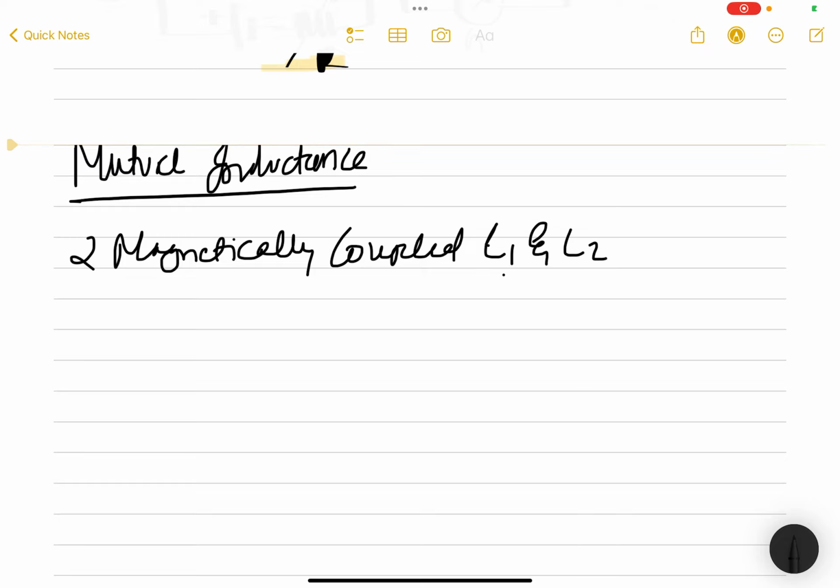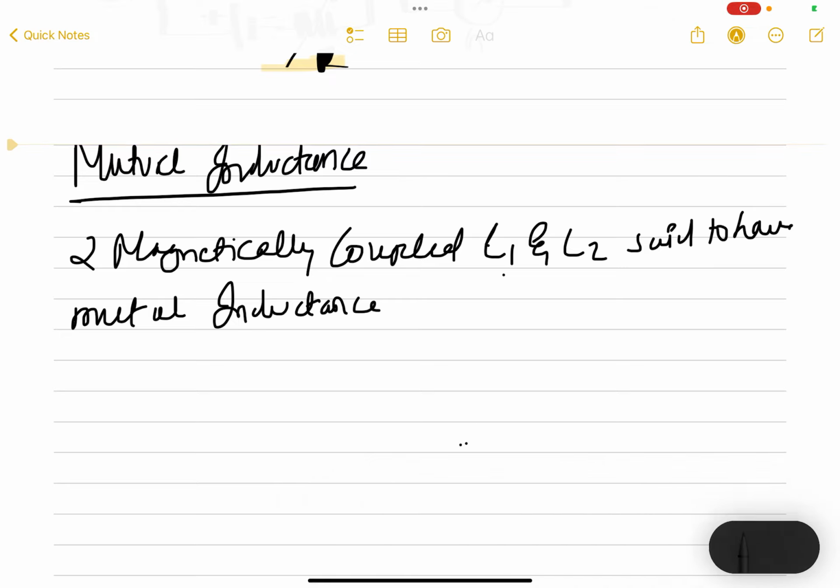So these coils, or this circuit, is said to have mutual inductance. Mutual inductance can be defined as the property of a circuit due to which a change in current through one coil produces an EMF in another coil placed nearby, right?